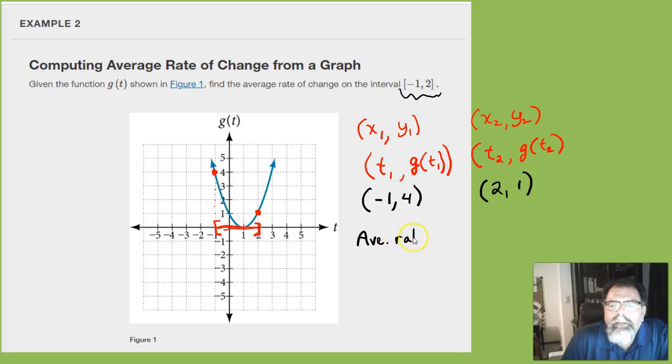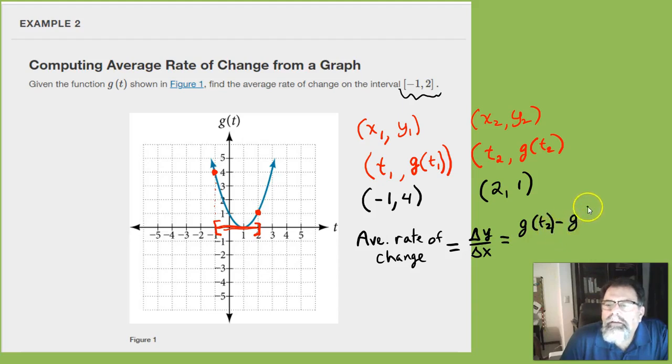Now basically we're going to find the slope, average rate of change. Again, think slope. We're going to do change of y over change of x, or in this case, change of g of t. So I'm going to do g of t sub 2 minus g of t sub 1 over t sub 2 minus t sub 1.